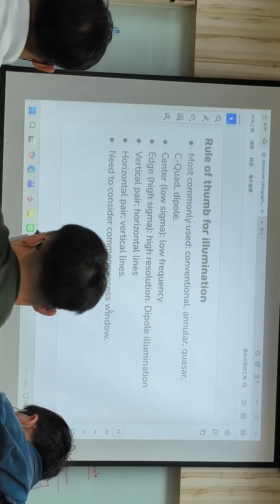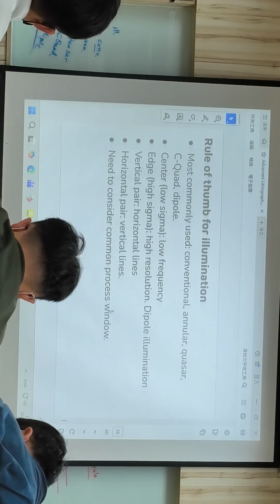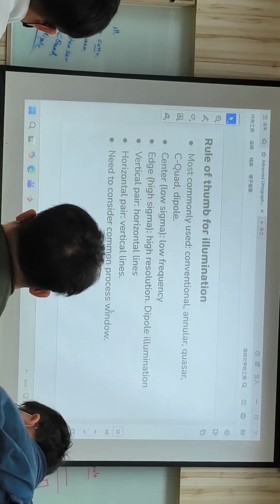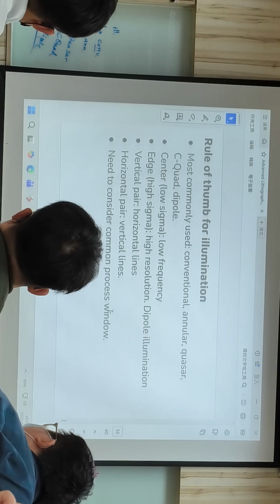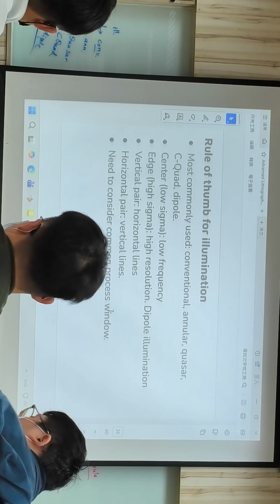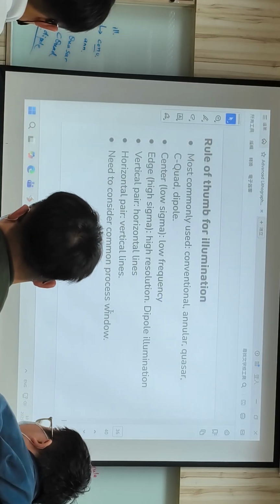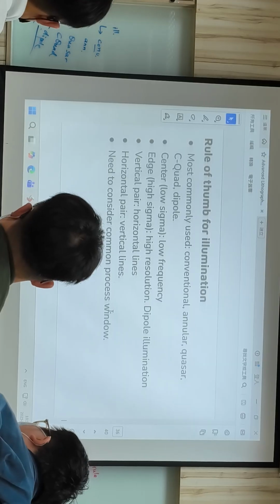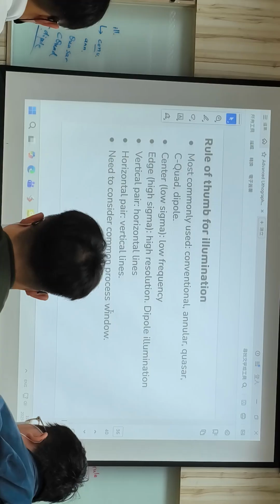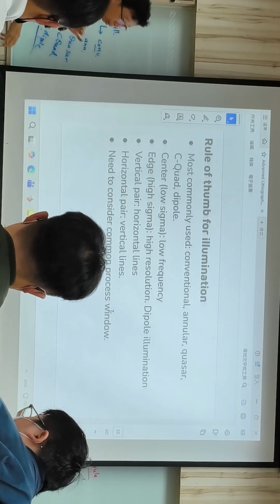Use this one to cover dense, and this one to cover iso. The isolated area needs center conventional, the dense area needs a high sigma. So rule of thumb, this one covers the edge. If you have contact hole edge, you need something in the middle, low sigma in and high sigma in to cover the high resolution area.